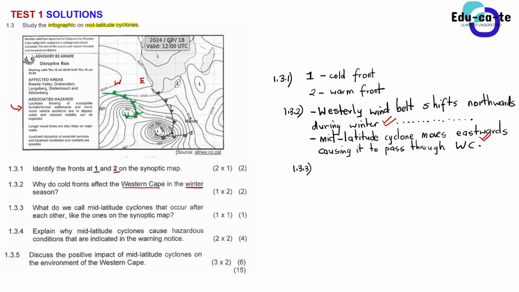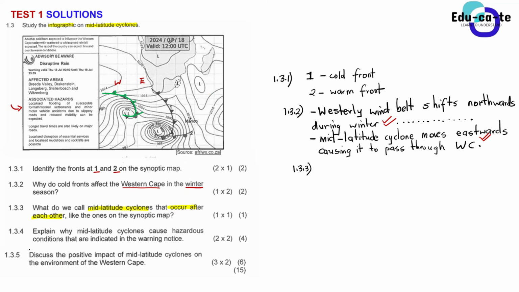What do we call the mid-latitude cyclones that occur after each other, like the ones shown on the synoptic weather map? Let us hear from Sam. It is a family of mid-latitude cyclones. Yes, it's a family of mid-latitude cyclones, not a group, guys.